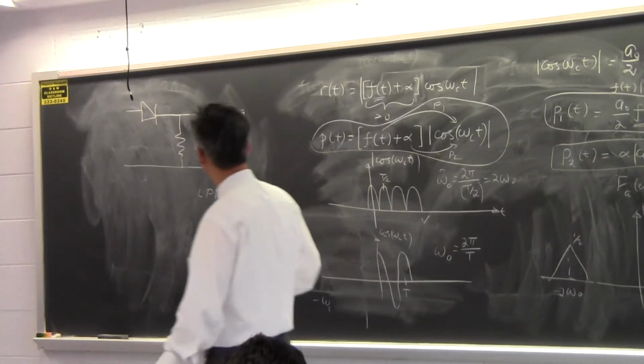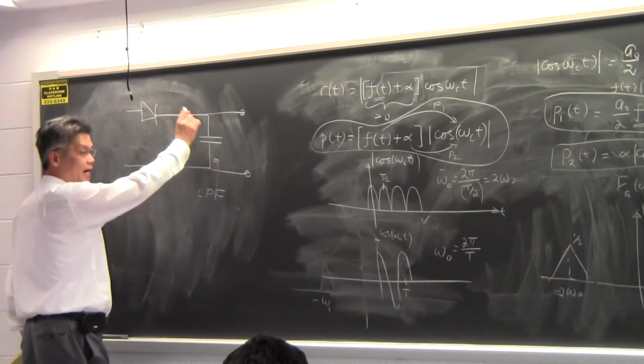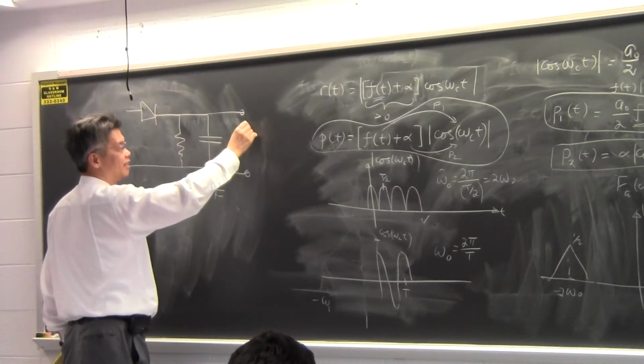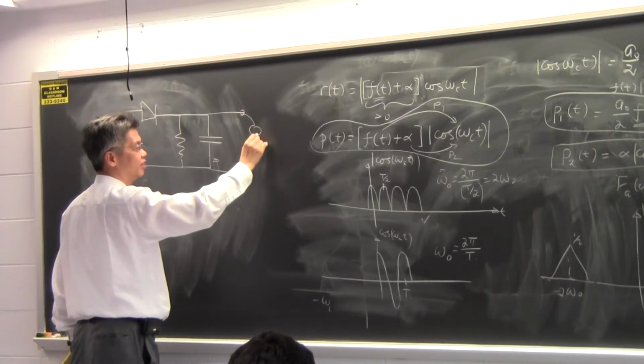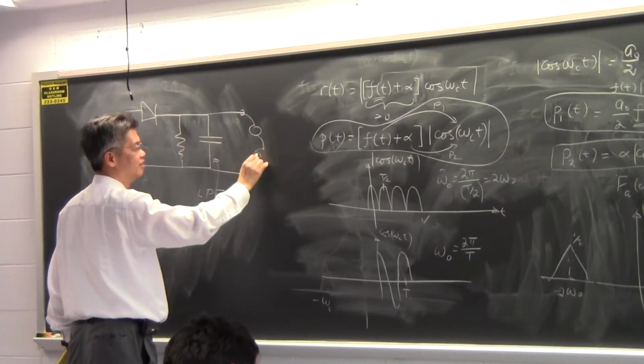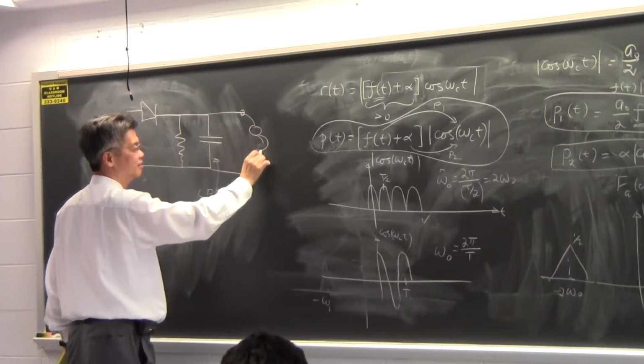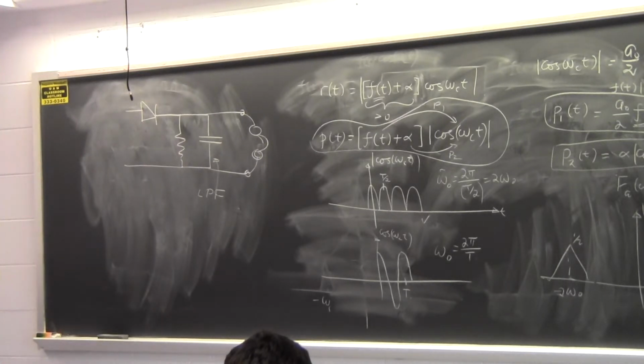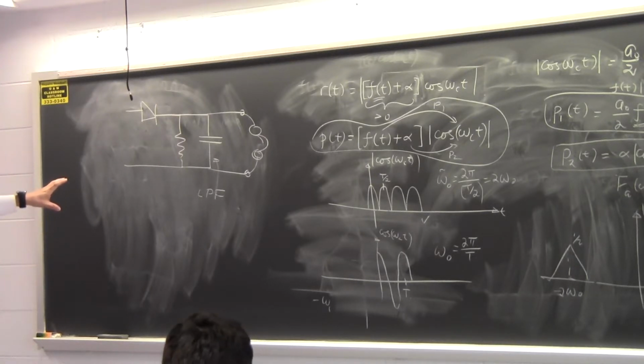Then the high-frequency part will just go through the capacitor. Whatever comes out here gets connected to your earphone, and whatever gets connected to your earphone is just the low frequency part, because the high frequency part will get short circuited by the capacitor. And this is a very simple design of a low pass filter.